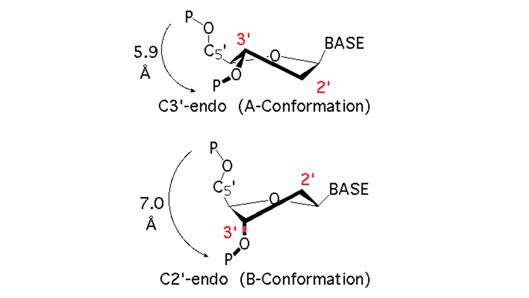Now if it is C2', then it is the carbon atom at position 2 that is raised above the plane of the paper. So it is 2' endo, and it is lying on the same side as your base and is near to the base. So it is C2' endo conformation. Fine. That is with regard to C3' endo and C2' endo.